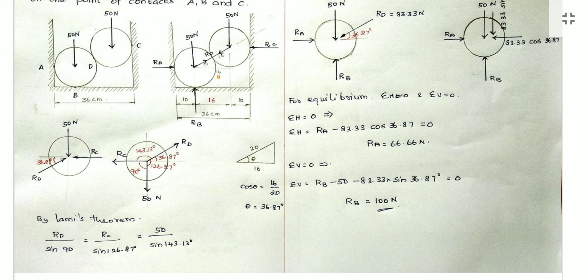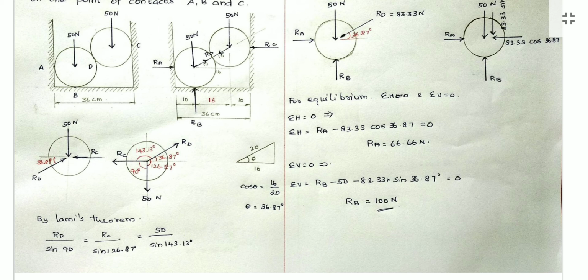So the horizontal distance between center to center is 16. The hypotenuse is the radius of each roller, 10 plus 10, so the hypotenuse of the triangle is 20 and the adjacent side is 16. So we can use cos theta equals adjacent side by hypotenuse, so theta is cos inverse of this. We got the value of theta as 36.87.